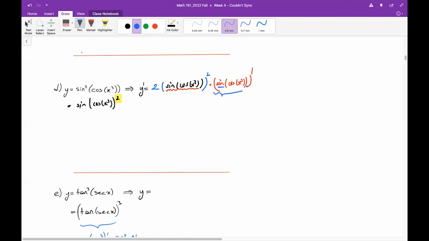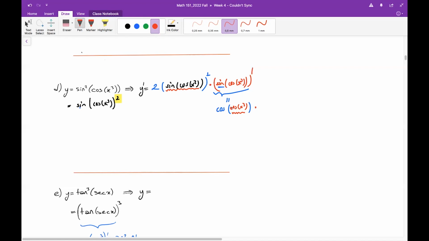So the derivative of this thing should start with the derivative of sine, which is cosine. And then you never touch the insider function. Cosine x cubed stays. Then times what? Now you move one step more towards the insider parts. So you need to multiply this expression with the derivative of this insider function.